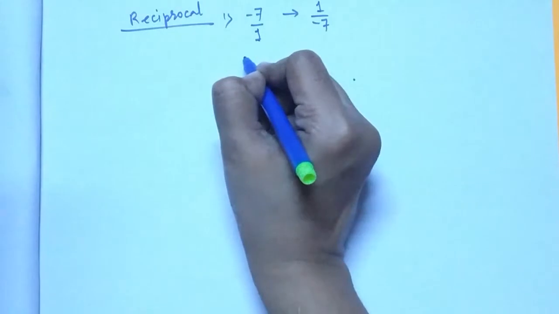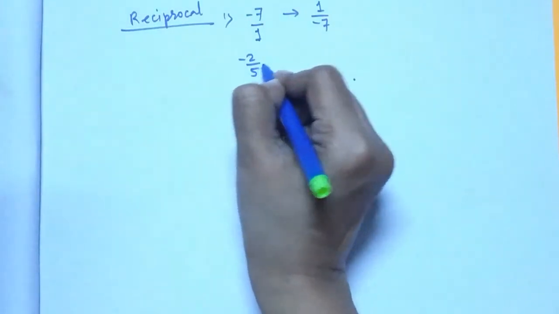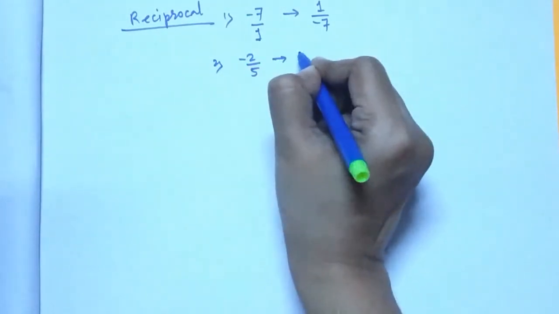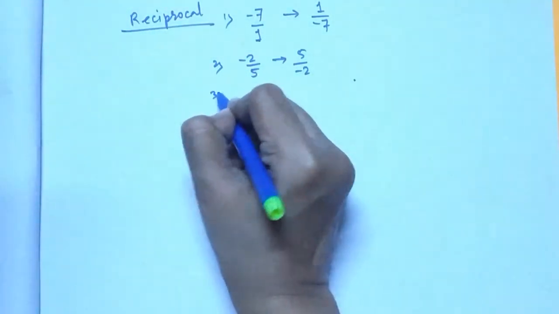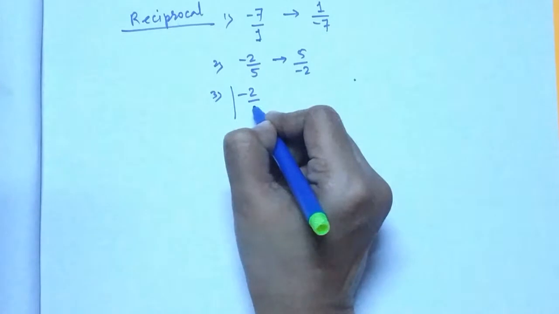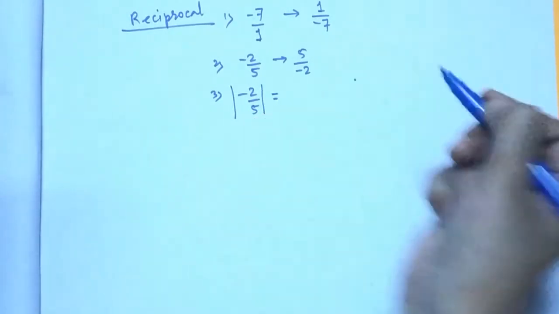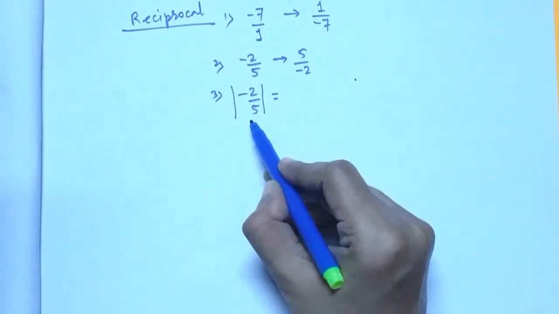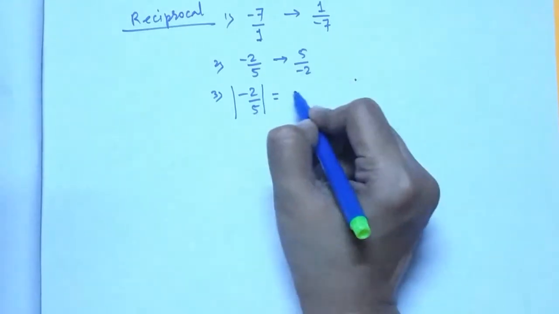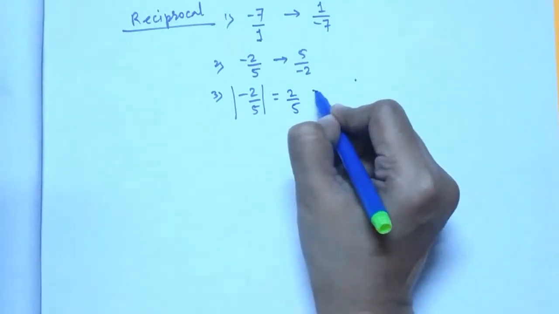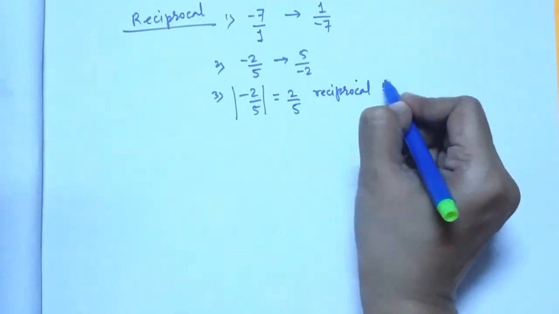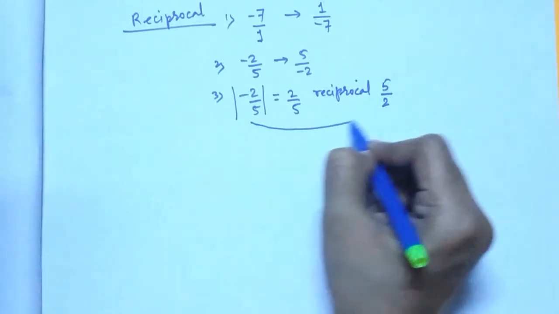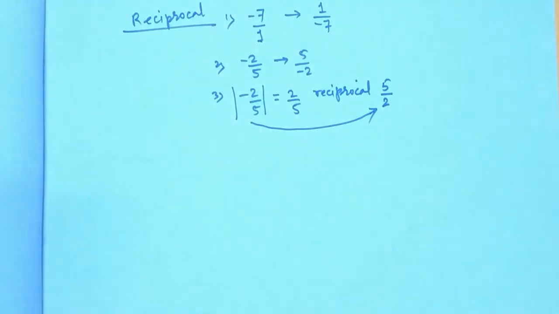Again, next, the reciprocal of minus 2 by 5. First of all, we'll take out the absolute value. The absolute value of this is nothing but 2 by 5, and then its reciprocal is 5 by 2.